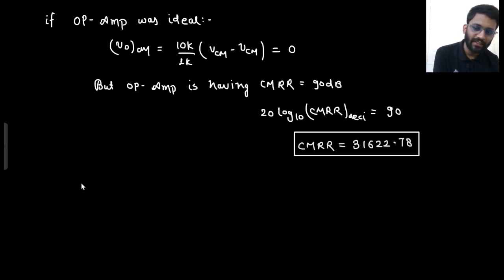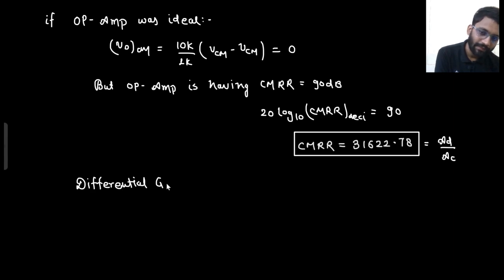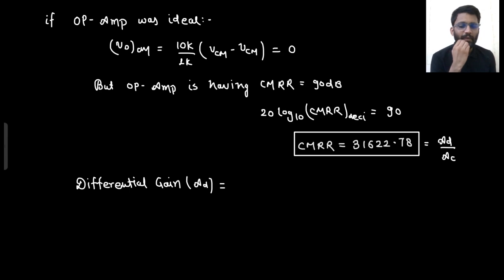Now can you find the differential gain? CMRR is defined as differential gain divided by common mode gain. What will be the differential gain? We need to find this. So better first calculate the differential output.